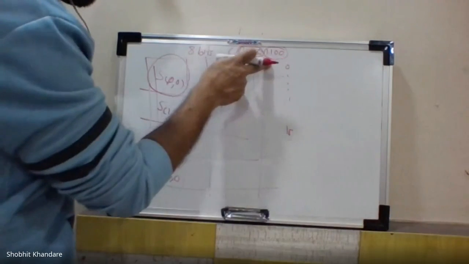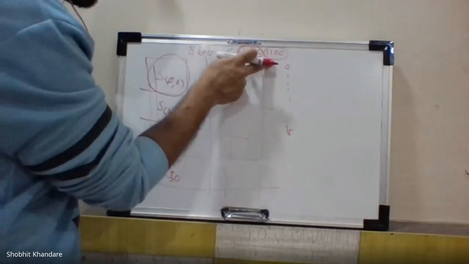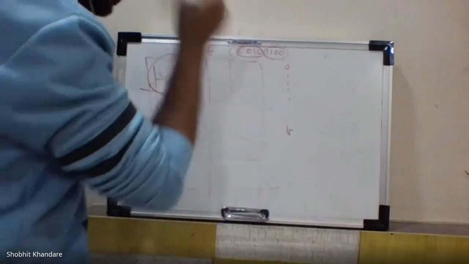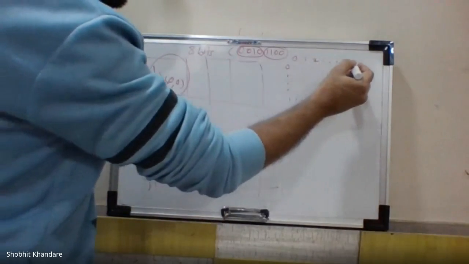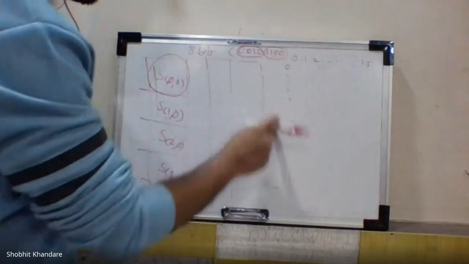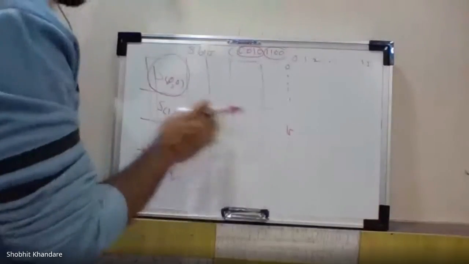The last 4 bits represent the column number, again 16 combinations from 0 to 15. This is called the table of values for this S box.